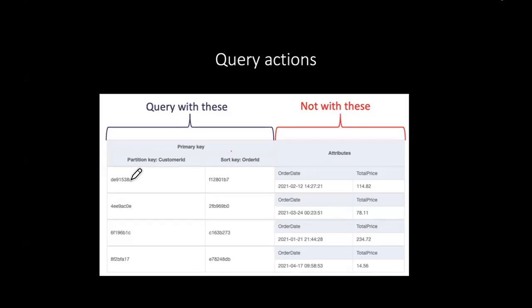So all of the orders are being sent across the network from DynamoDB to our Lambda in this case. But the DynamoDB SDK, that's going to reside as part of our Lambda code, will actually perform the filtering. The DynamoDB SDK will do the filtering. But all of the data has already traveled across the network from DynamoDB to your Lambda. So it's not as efficient as you might think.